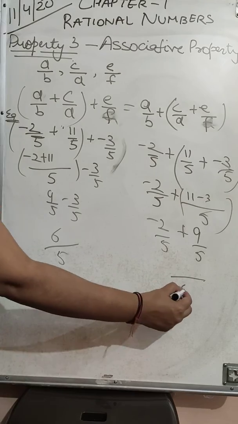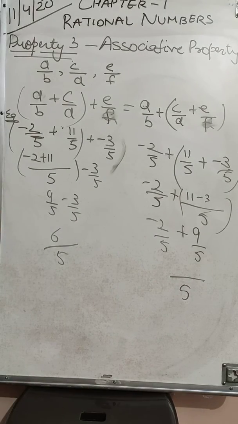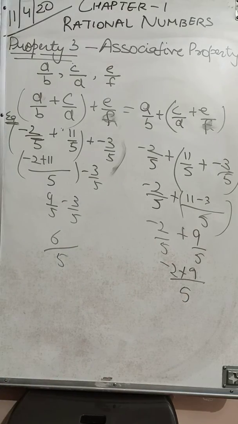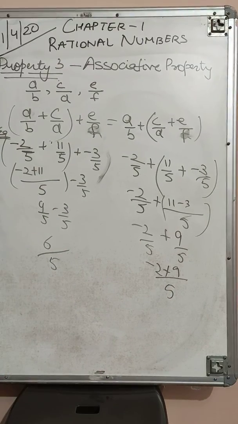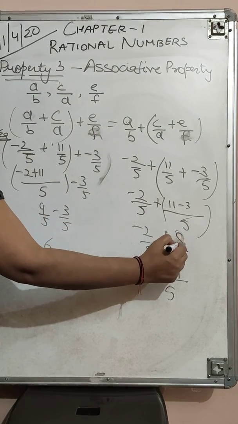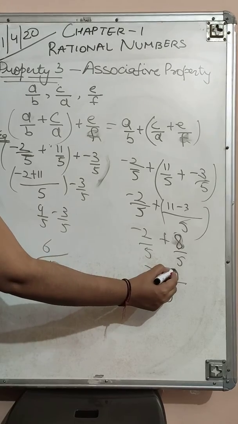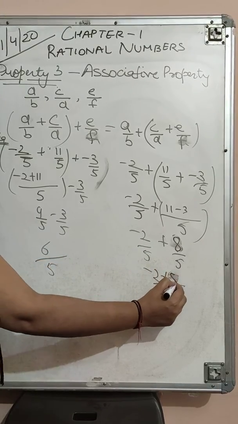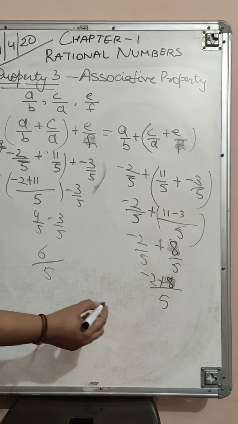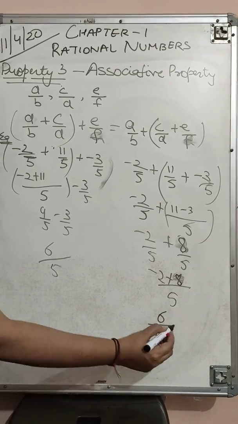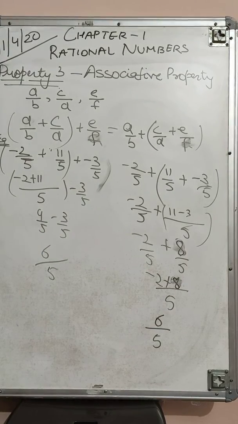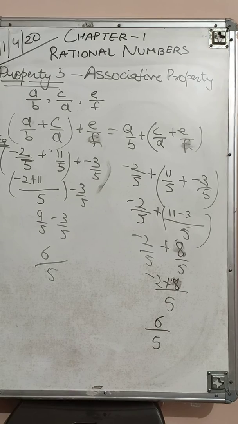Now LCM will be 5 only. One positive, one negative. Minus 2 plus 8, subtracted, 8 is positive and 2 is negative. So the answer will come 6 upon 5 and the sign will be of the greater number. See, now both the answers are same, hence associative property is verified.